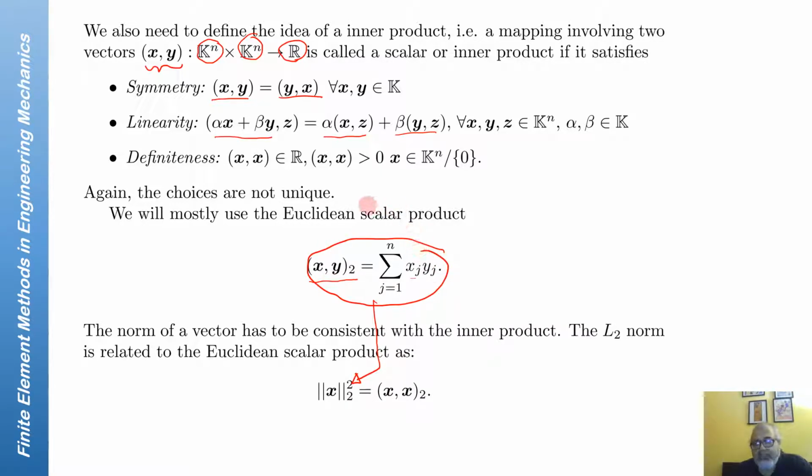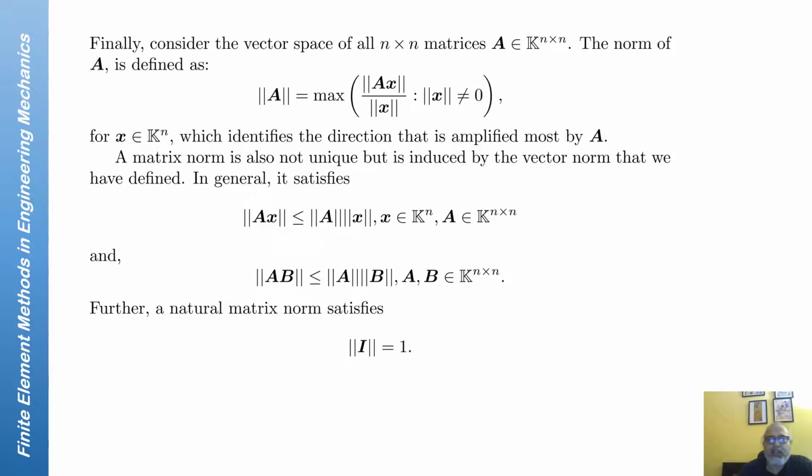Having defined an inner product and a norm for a vector, the way of measuring the length of a vector, let's get on to a matrix. The general definition of a matrix norm is the max of the norm of Ax, which is a vector, divided by the norm of x, where the norm of x is not equal to 0.